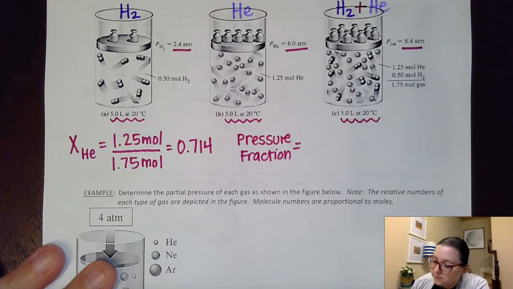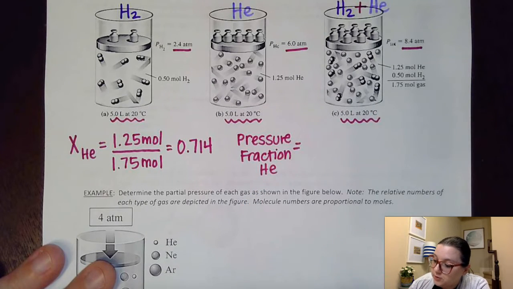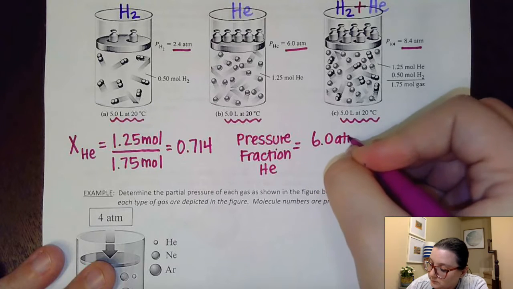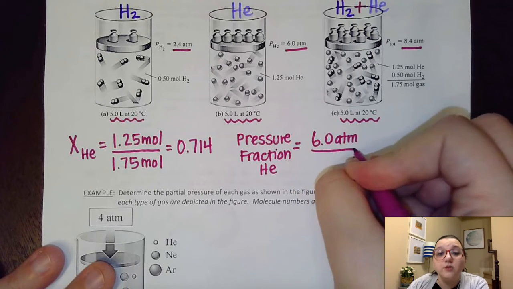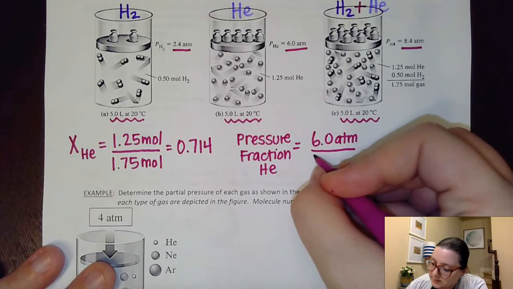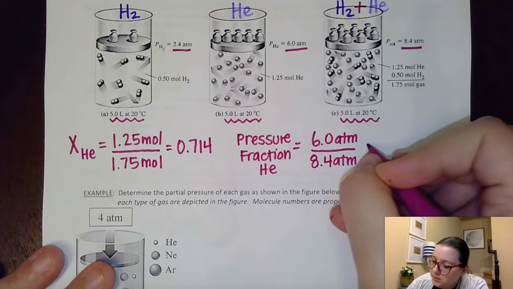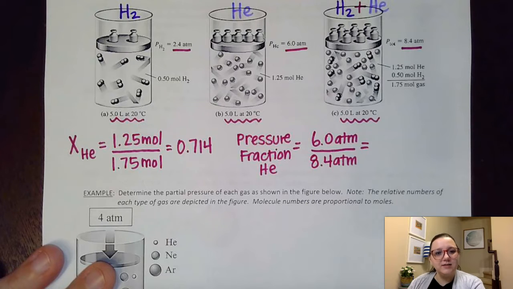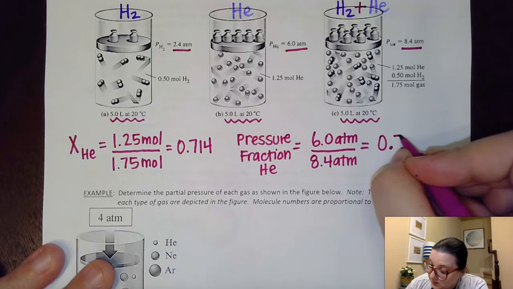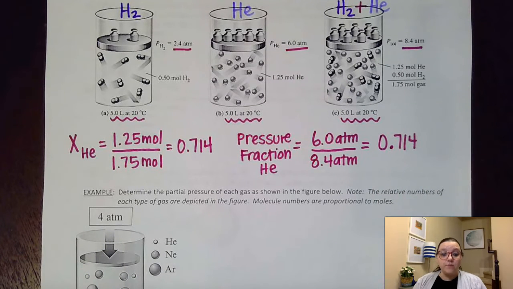And the pressure fraction, again for helium, would be the pressure of helium, which was 6.0 atmospheres, divided by the total pressure of the two added together, which was, as we said, 8.4 atmospheres. And when I plug those into my calculator, what you'll end up seeing is that it too equals 0.714. It gets the same fraction.